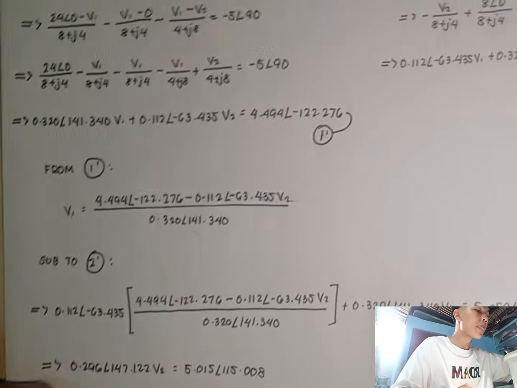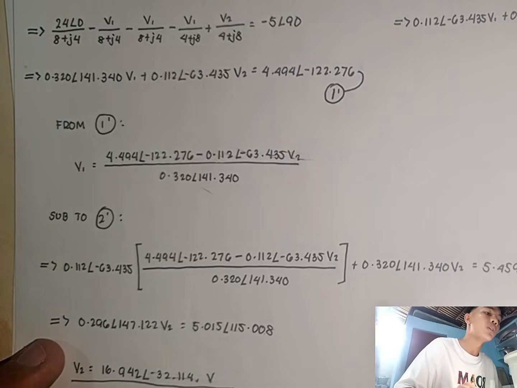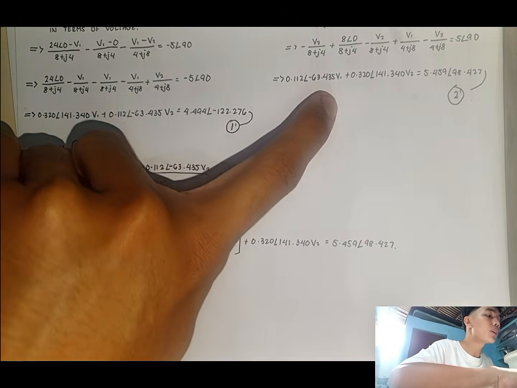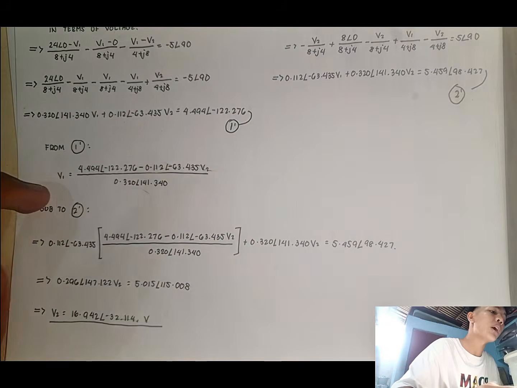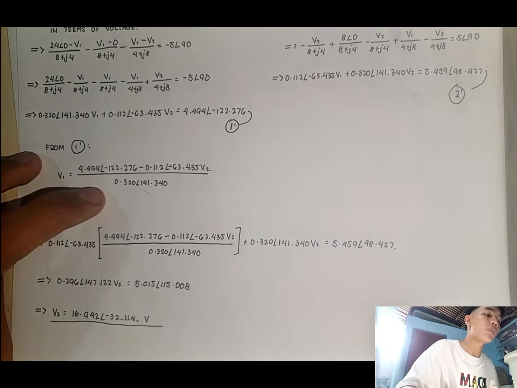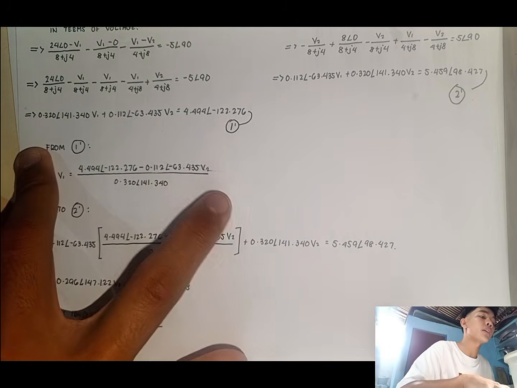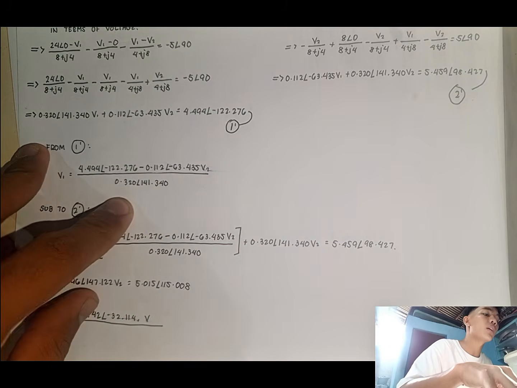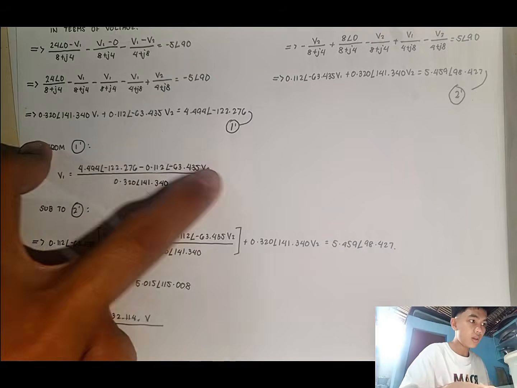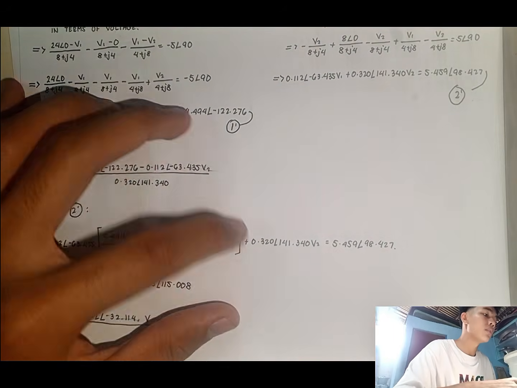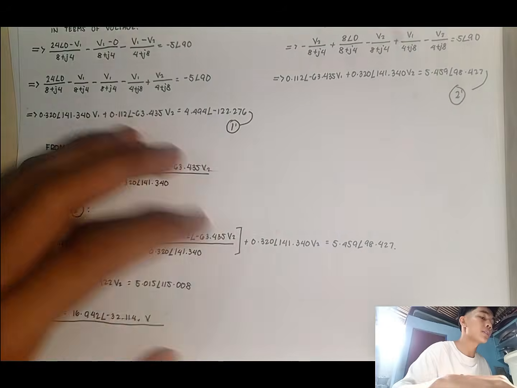This value is substituted into equation 2 prime, which is 0.112 angle of negative 63.435, times the value of V sub 1 from 1 prime, 4.494 angle of negative 122.276 minus 0.112 angle of negative 63.435 V sub 2 over 0.320 angle of 141.340. Then we copy only the V sub 2 term and put the constant on the other side.